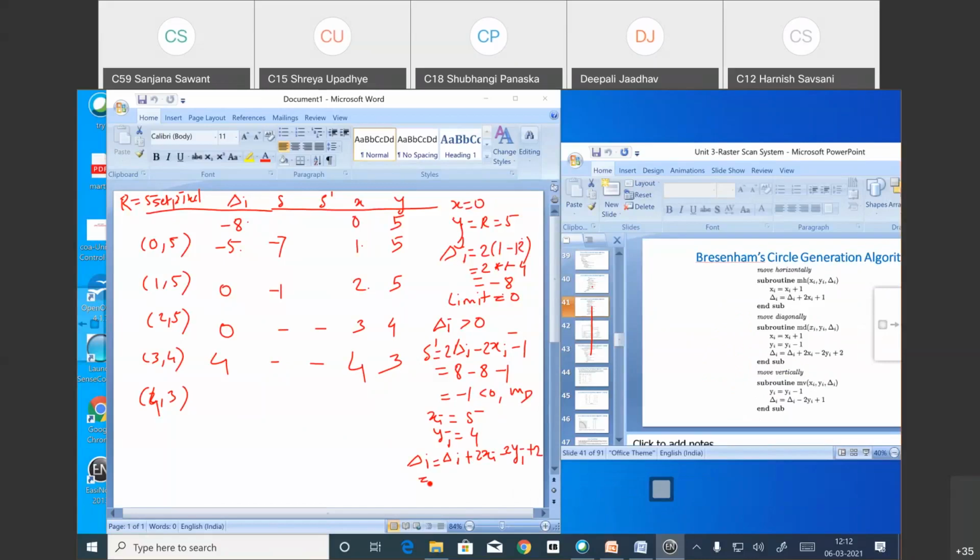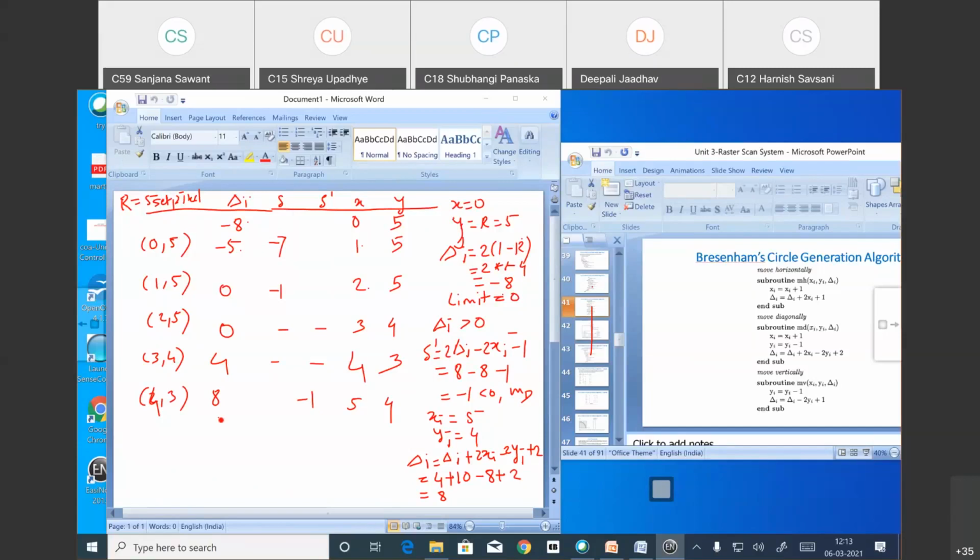Delta I 4, xi increased to 5. So 4 plus 2xi means 10 minus 2yi means 8 plus 2. So 14 minus 8, 6 plus 2, 8. So it is 8. What we calculated here? Delta dash, which is minus 1. So here now delta I is equal to 8.